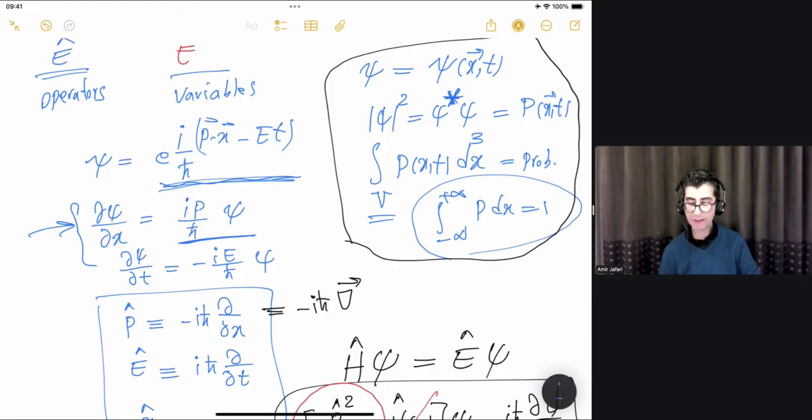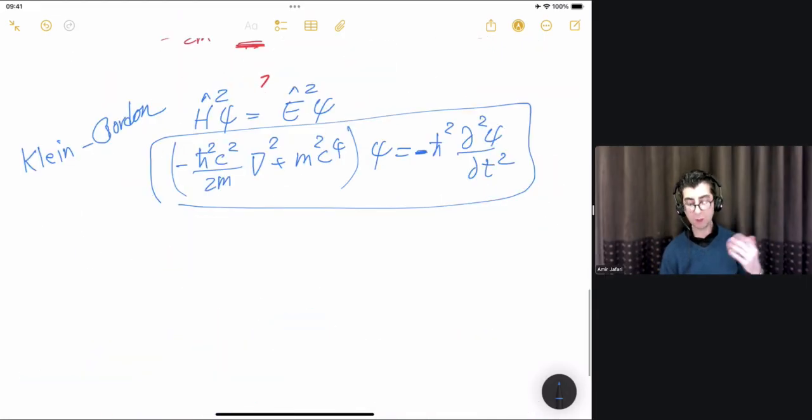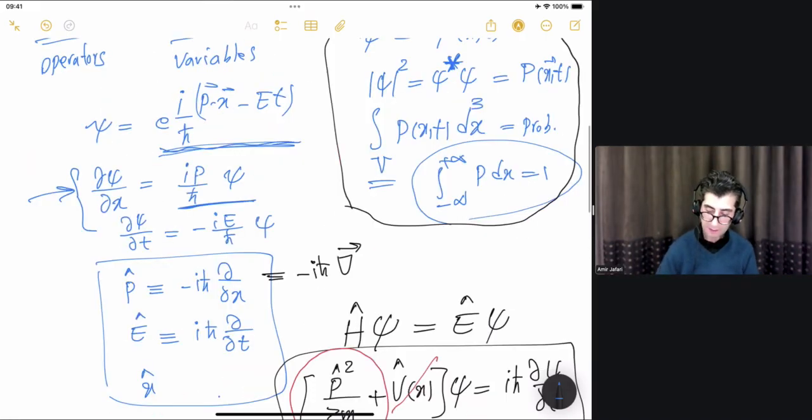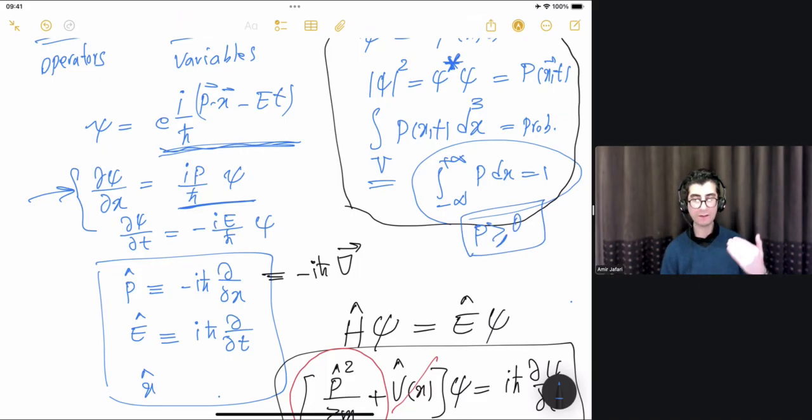But here you can't have that interpretation, because the probability density, if you define it for this equation, can be negative. Remember, I should emphasize that ρ is a positive definite function. Mathematically, by saying that it's a positive definite function, we mean that its value is always positive or zero.